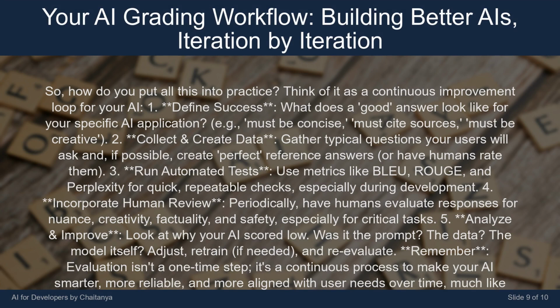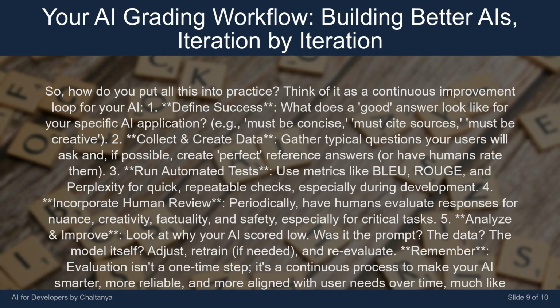So, how do you put all this into practice? Think of it as a continuous improvement loop for your AI. 1. Define success. What does a good answer look like for your specific AI application? E.g., must be concise, must cite sources, must be creative. 2. Collect and create data. Gather typical questions your users will ask and, if possible, create perfect reference answers, or have humans rate them. 3.